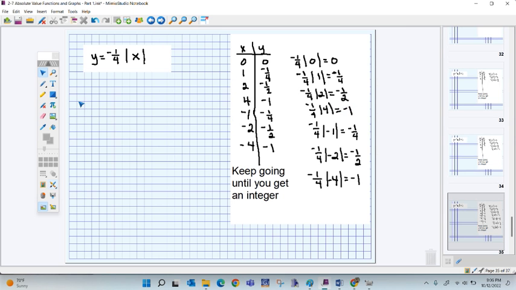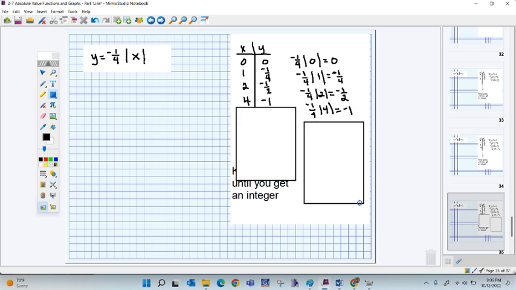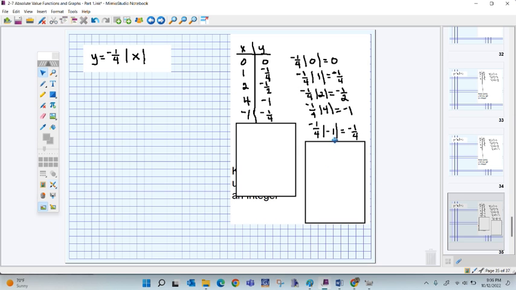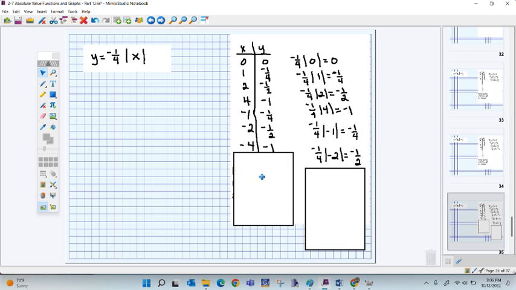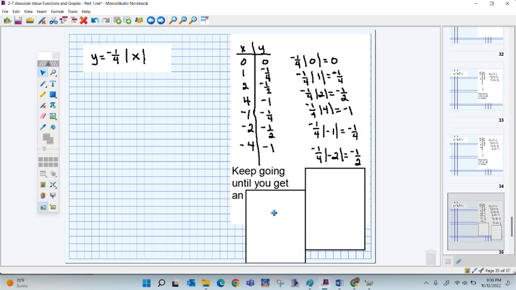Okay. Oops. And I'm just going to choose those values for you so you can see what's happening. When I do a negative 1, I still get a negative 1/4. When I choose a negative 2, I still get a negative 1/2. So my negatives are giving me the same values as my positives did because we did absolute value on it.